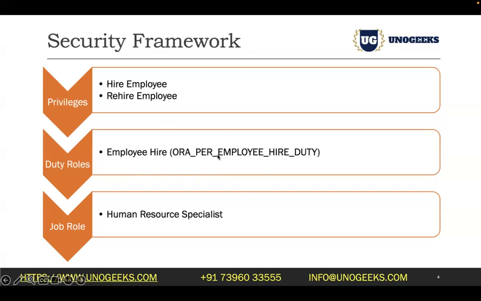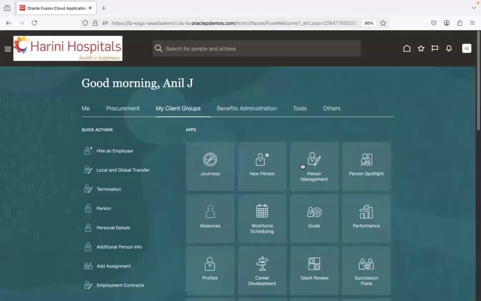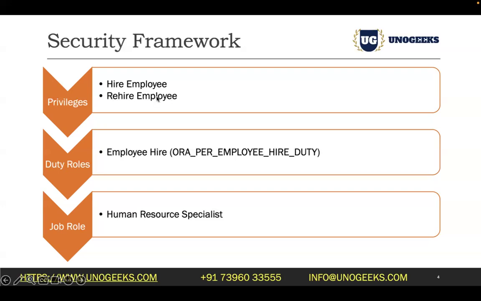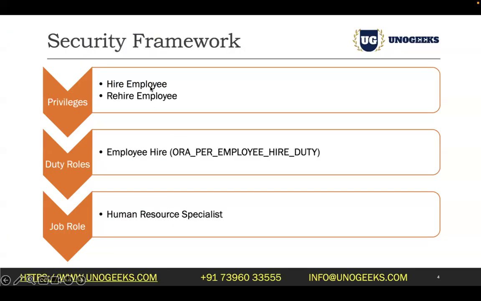And for him to perform a specific duty, for example, the employee hire duty, he should be able to see the relevant tasks or pages in the application. And how does he see those pages in the application? Those are created as privileges, and these privileges show up as pages within the application.